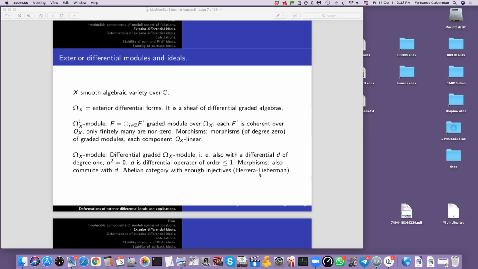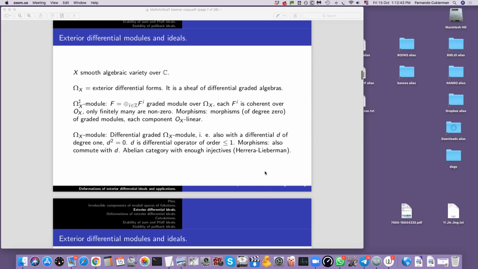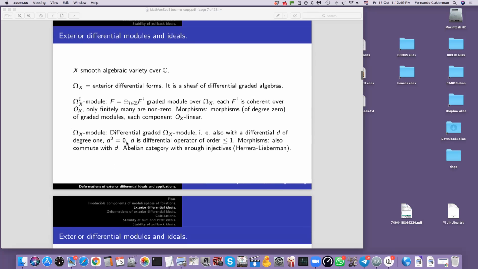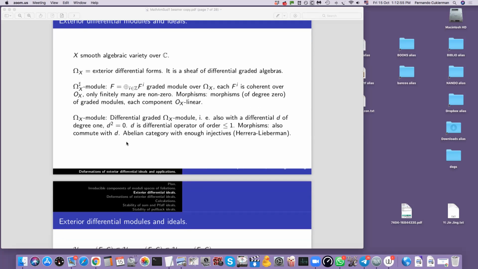It was considered for the first time by Herrera and Lieberman. Some people call it the Herrera-Lieberman category. So this will be a category of modules which will work satisfactorily for the things that we want to do.